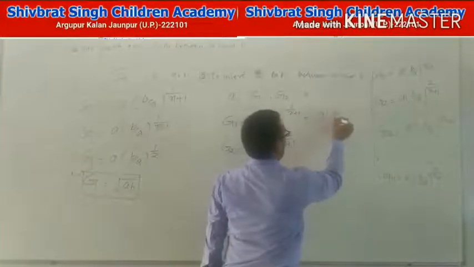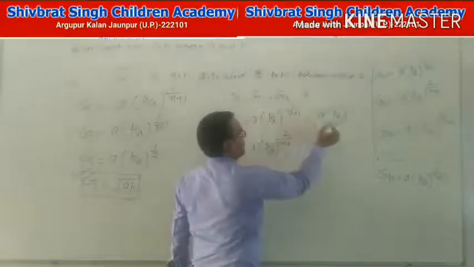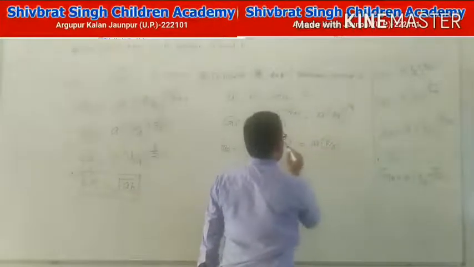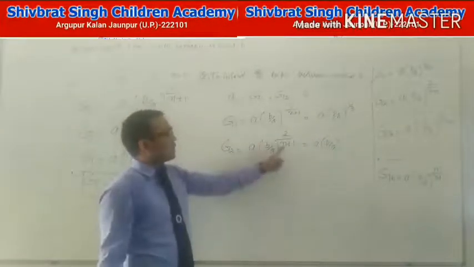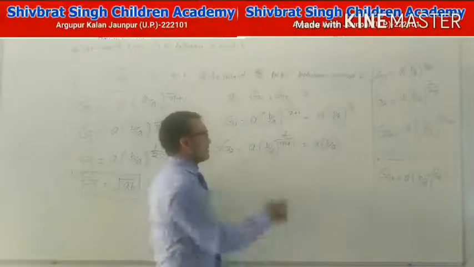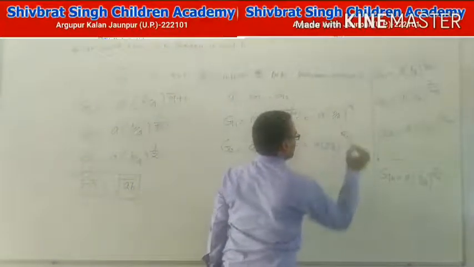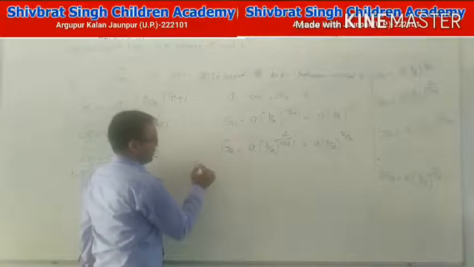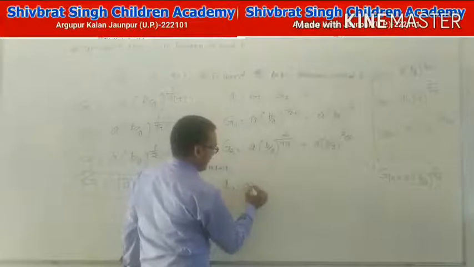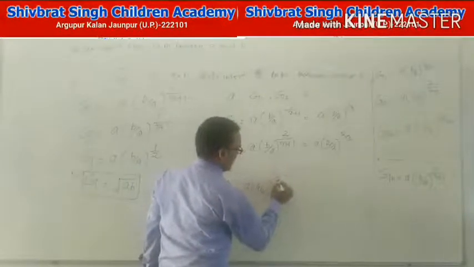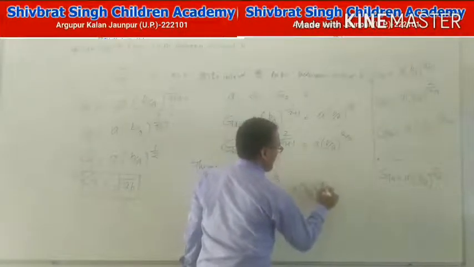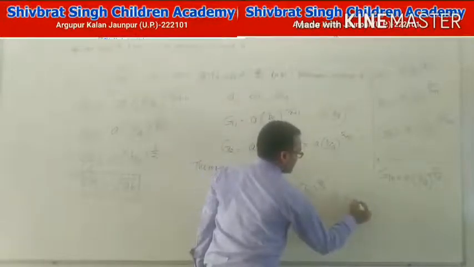A times (B upon A) to the power 1 by 3, and A times (B upon A) to the power 2 upon 3. Here put the value of n equal to 2 because we find two geometric means between A and B. Therefore A, A(B upon A)^(1/3), A(B upon A)^(2/3), B is a GP.